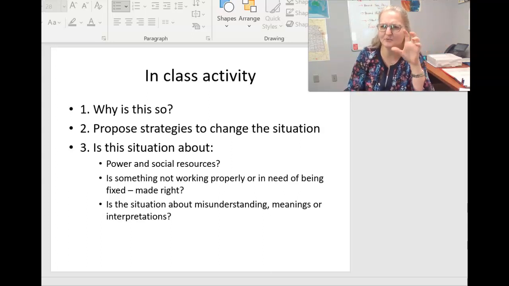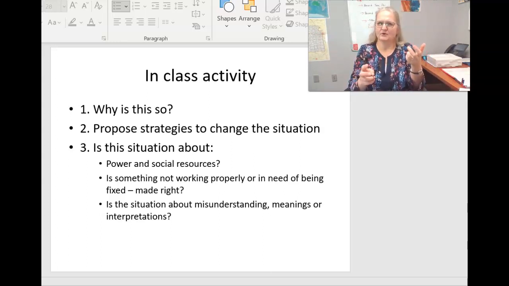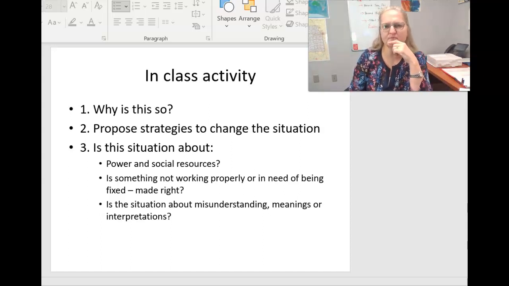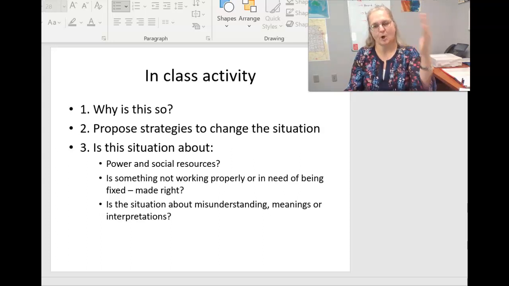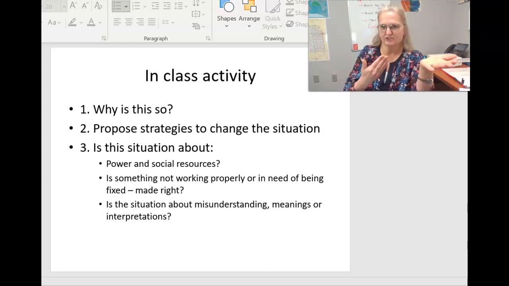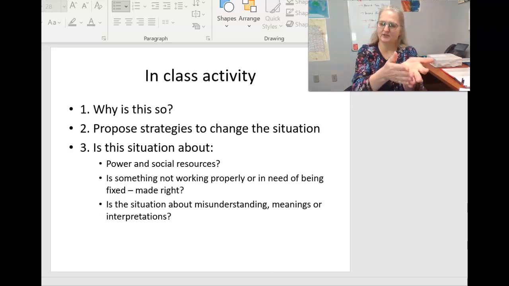What does it mean to say it's just not working? Usually it means one person feels the marriage is not meeting their needs. It's not functioning properly. Is there some sort of misunderstanding happening here? I think about my marriage: my partner may feel they are expressing love, but I don't feel loved. So there is a misunderstanding of what your partner thinks love looks like and what I think love looks like.